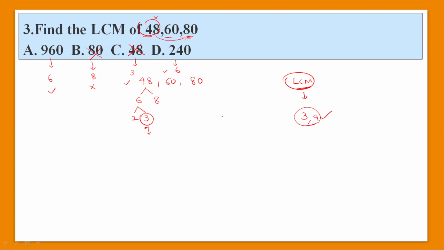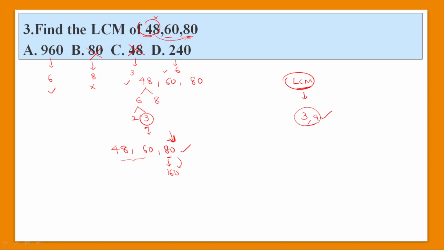Or you can also use our method 1 or method 2: suppose three numbers 48, 60, 80 are given, go with the highest number. If the highest number is divisible by the other two numbers, then the LCM will be directly that number. But if it's not divisible, go for the next multiple, the double of that number.